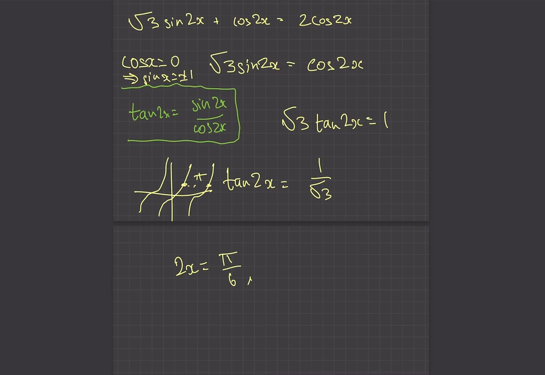So that means if we add pi again, we're going to get the same value. You might say that might be outside the range, but I don't think so, because we have 2x equal to this, and we're going to be dividing by 2. You might say, why don't we divide by 2 and then add pi? Because we can't do that. We're saying that when 2x increases by pi, we get a new solution.